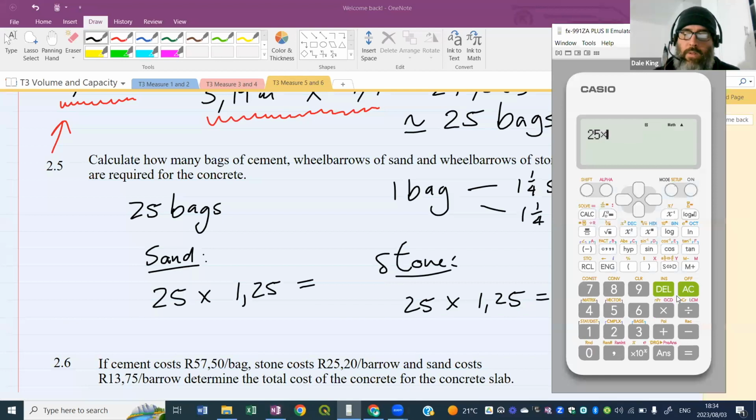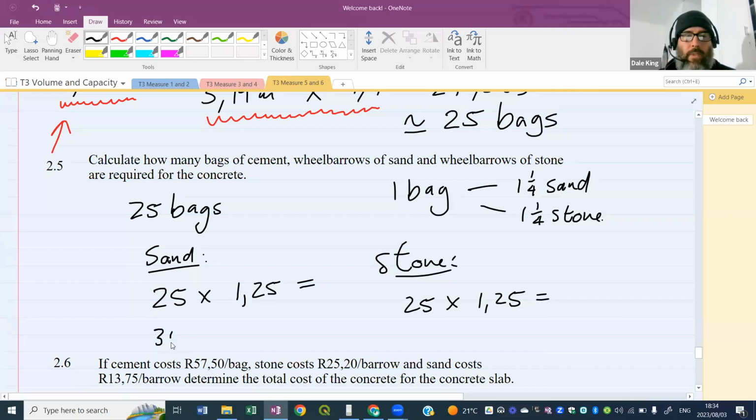So 25 times 1.25 equals 31,25 wheelbarrows. I think we should round that up to 32. Then we'll have enough. And we need 31,25 wheelbarrows of stone, and I think we should go up to 32.